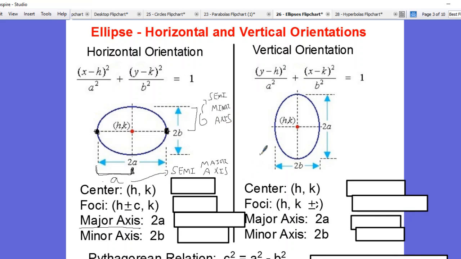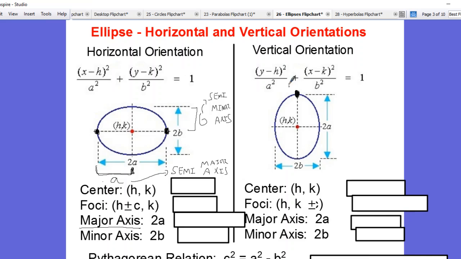All right, you also have vertices. So if your center is (h, k), what do you think would be the value of this vertex right here? What do you think would be the x value? This is a little bit abstract. The x value here is the same as the x value of the center.